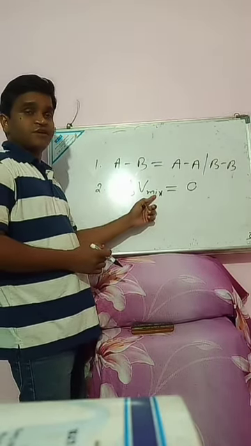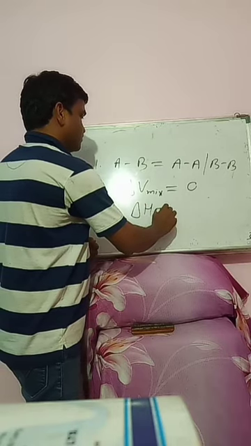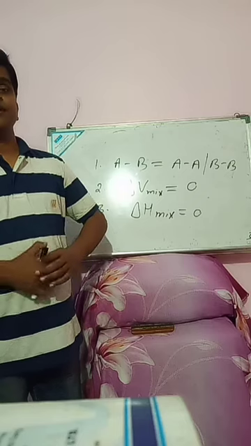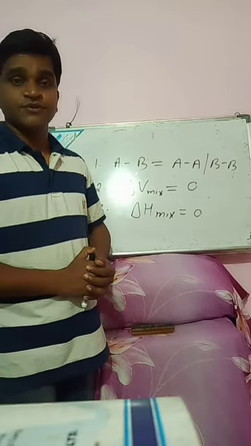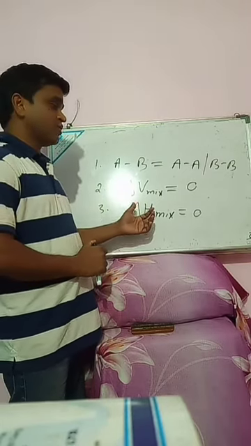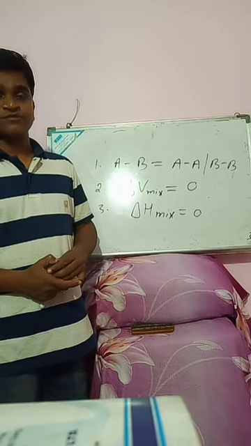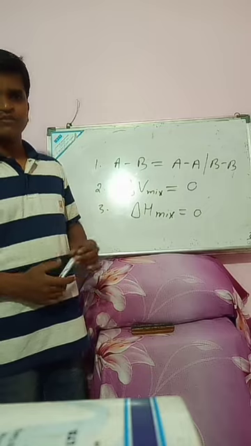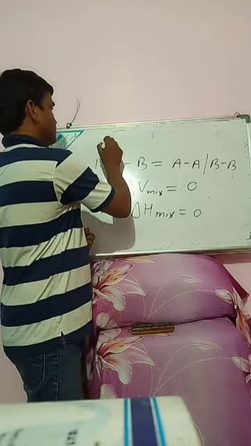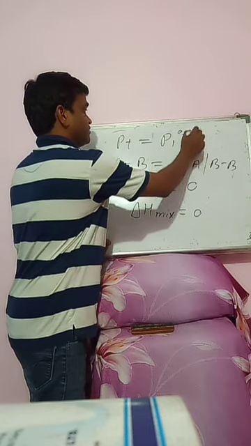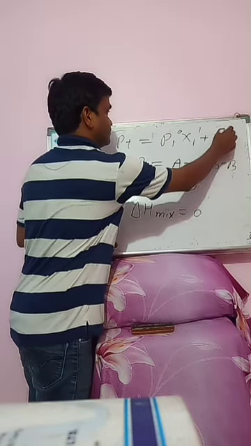Third one, delta H mixing must be zero. That is, there is no heat energy released or absorbed during the preparation of the ideal solution. So what are the criteria or conditions for a solution to be ideal? So for ideal solution, the total vapor pressure must be equal to P1 naught x1 plus P2 naught x2.